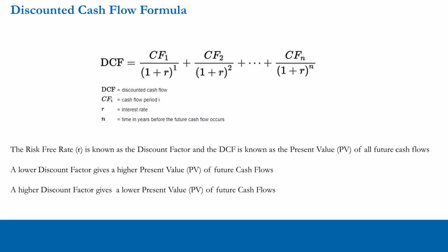Well, if we have a lower discount factor, so the R, the risk-free rate, if we have a lower discount factor, this gives us a higher present value. It gives us a higher value for the DCF number. So we're getting a higher present value of all future cash flows. A higher discount factor gives us a lower present value of all future cash flows.